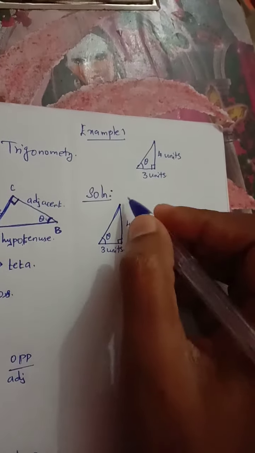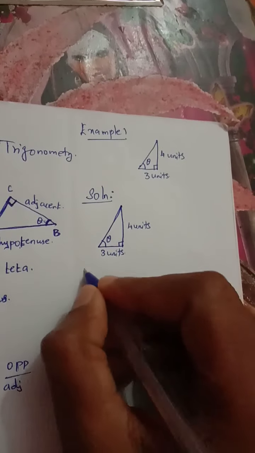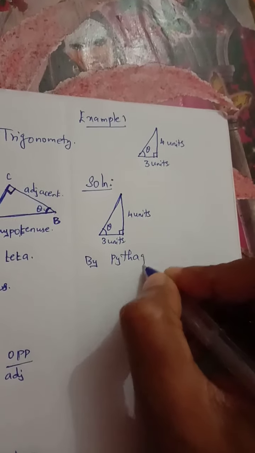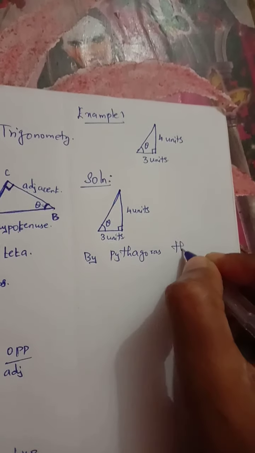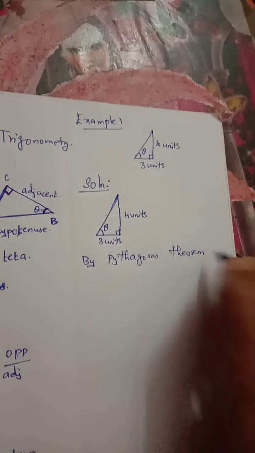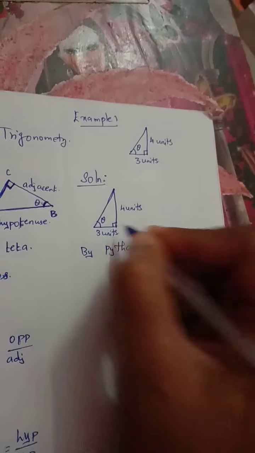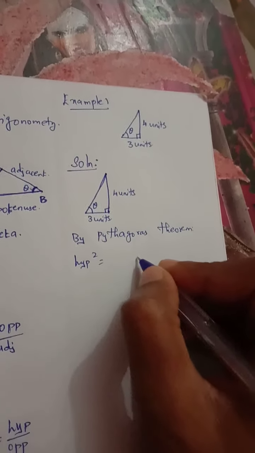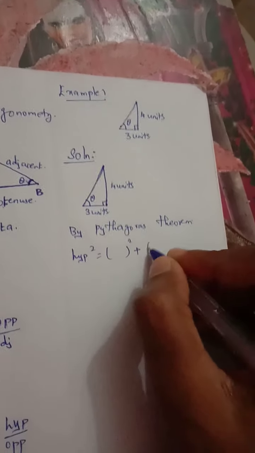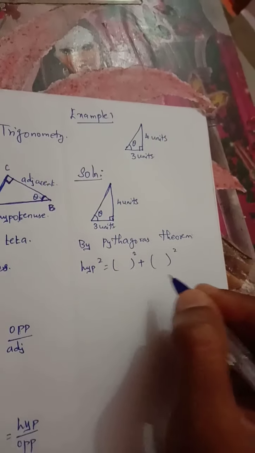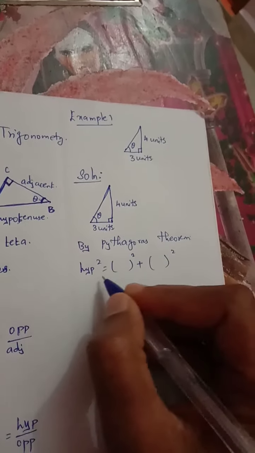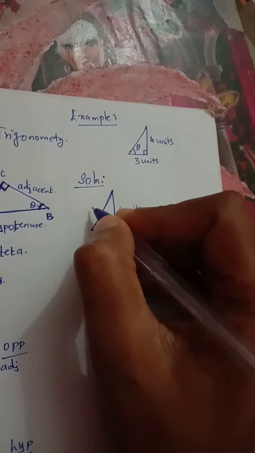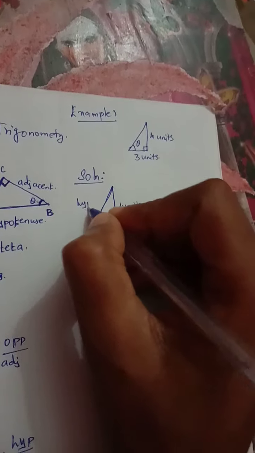Since it is a right angle triangle, we know by Pythagoras theorem, hypotenuse square is equal to the sum of squares of the other two sides. Since this is the hypotenuse, name it as hypotenuse.